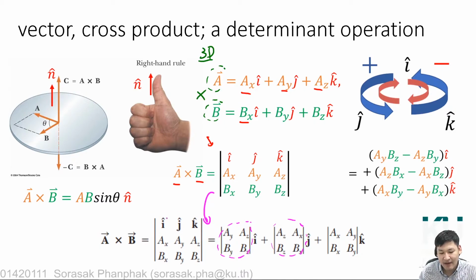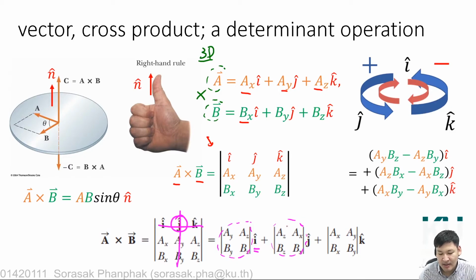If you would like the i direction, you cross out its row and column, so you have the determinant of AY, AZ, BY, and BZ here. If you would like the minor or cofactor of the j component, you look at the j row and cross it out.